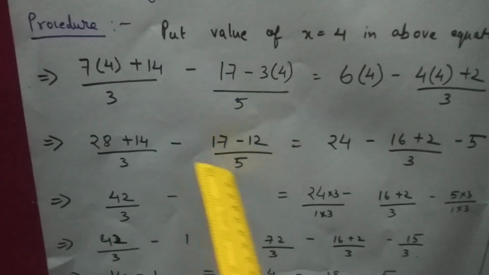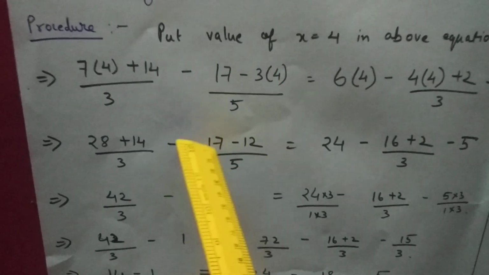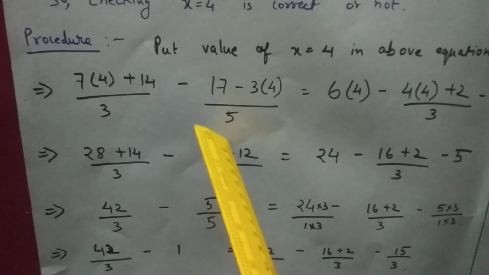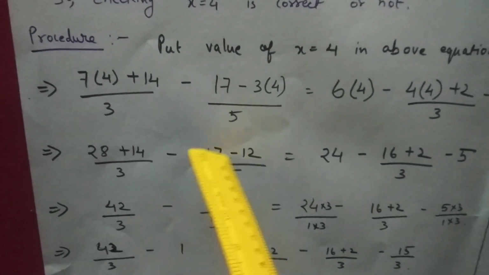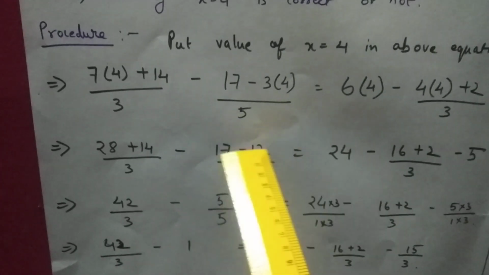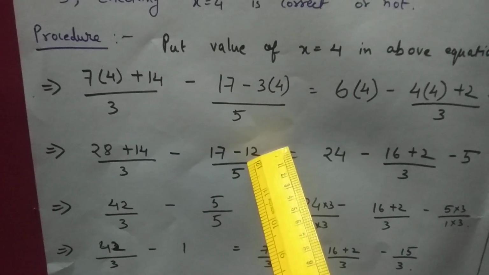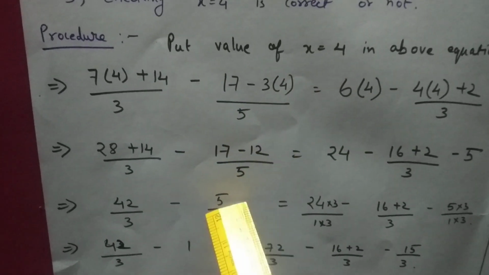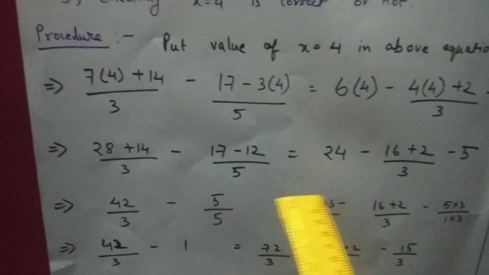In this term, 12 has a negative sign and 17 has a positive sign. So we will subtract 12 from 17, because these two numbers have opposite signs. That's why this number will be subtracted from this number. So 17 minus 12 is 5. We have jotted it down here.